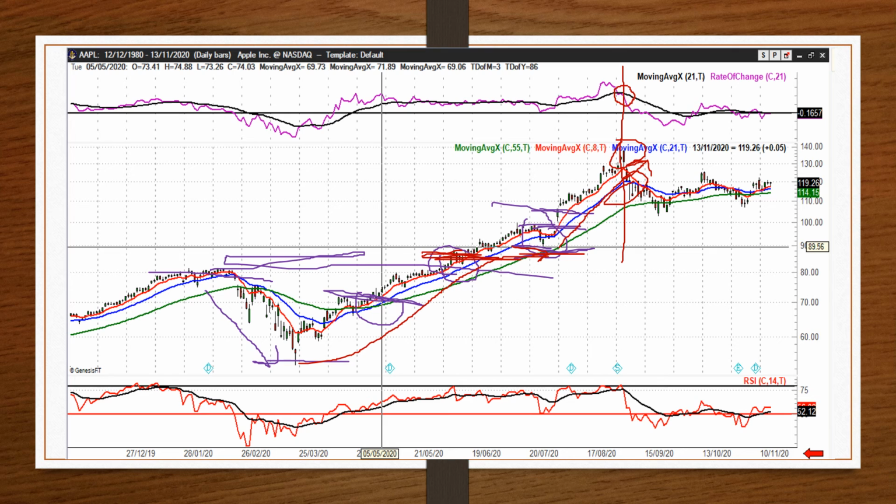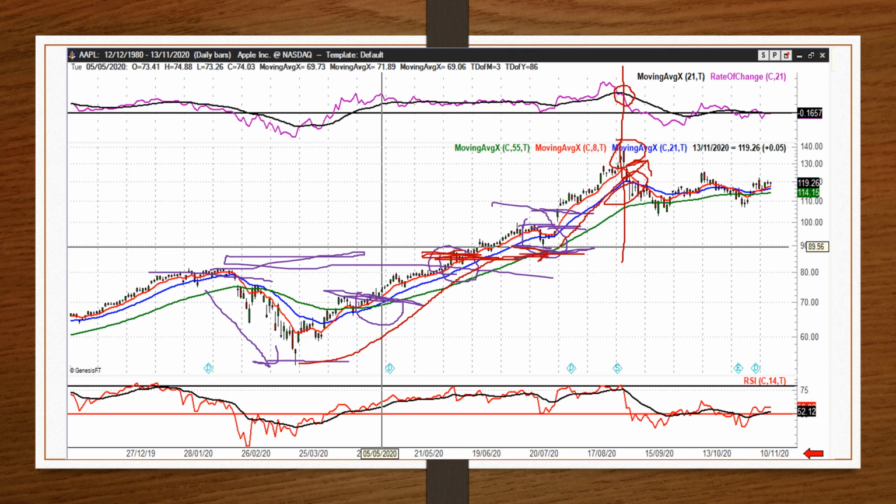I show you how you define your fishing ponds. You're not wandering all over looking for things to buy. You know where you're looking, and you know under what conditions you would buy, and you know under what conditions you would get out, and that is how you become a consistent trader.